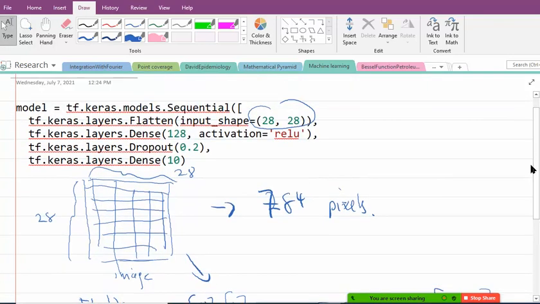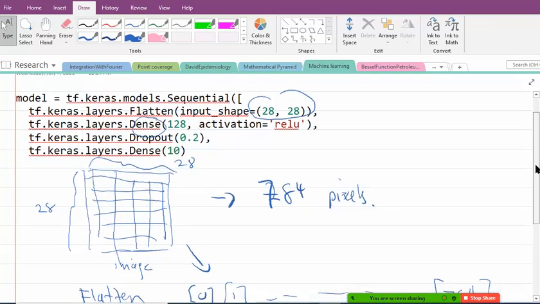All right, now then we have dense. What dense means is that there are lots of connections. And this 128 is the number of nodes, or the number of outputs that come from this layer.